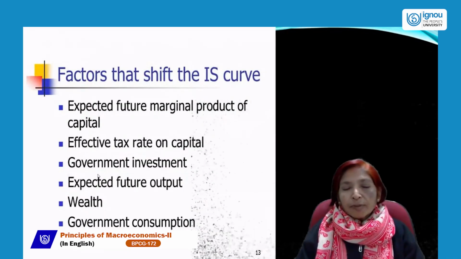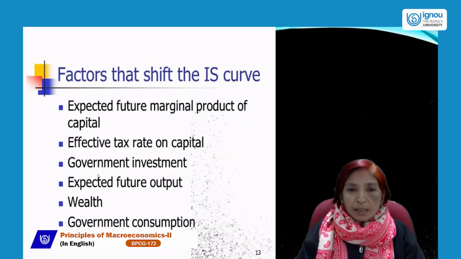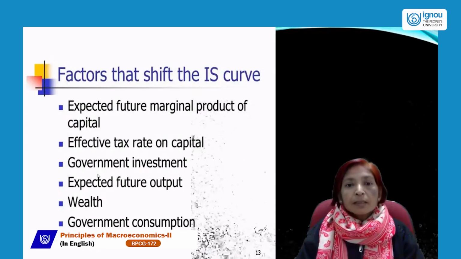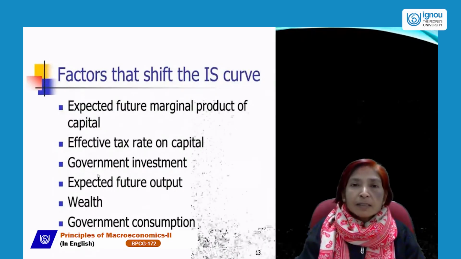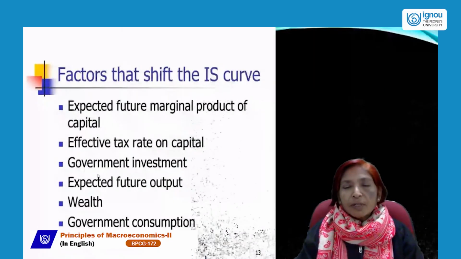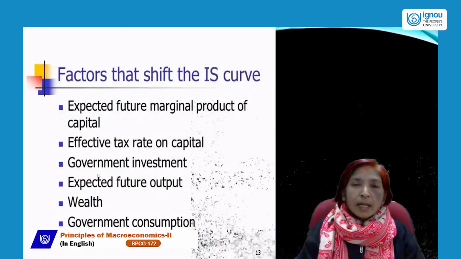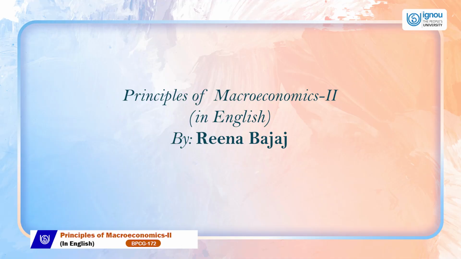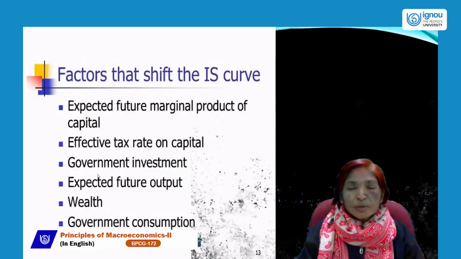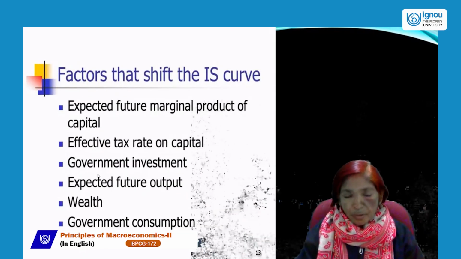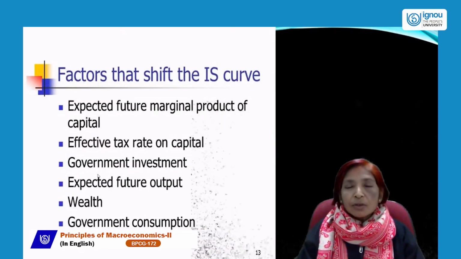If we expect that the marginal productivity of capital will rise in the future, then we will invest more money, and production, employment, and income will rise. In this case, the IS curve shifts to the right. Next is the effective tax rate on capital.